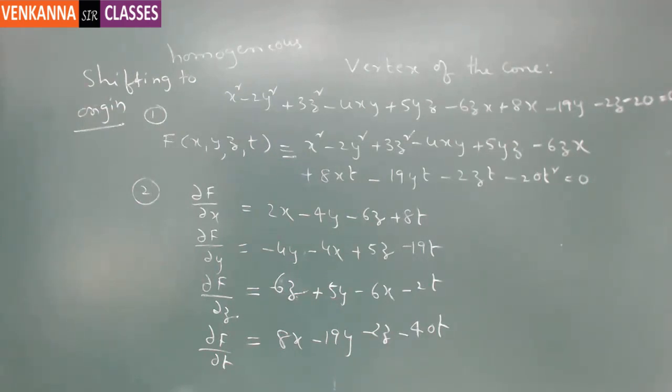As we have studied one small result, whenever you have a cone with vertex at origin, it is always nothing but a homogeneous equation in any number of variables. 2 variables, 3 variables, 4 variables, anything you can take. Generally, we are going to take x, y, z, which gives a homogeneous one of degree anything. So to make it homogeneous, the procedure is to introduce an auxiliary variable there.